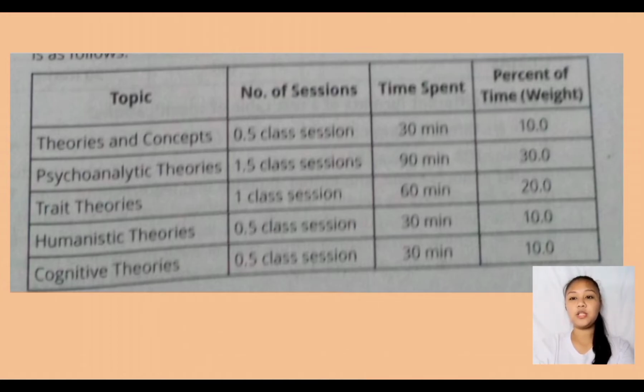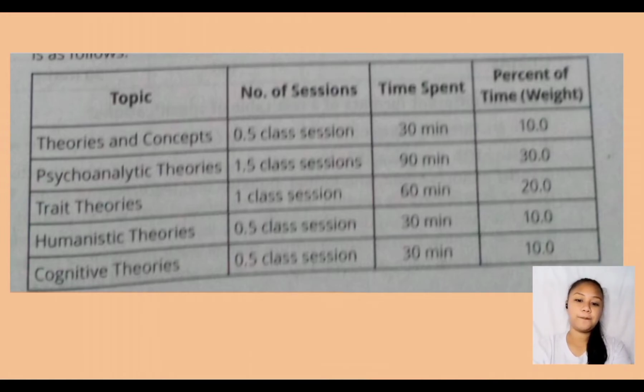For the visual analytic theories naman, ang number of session niya is 1.5 class session, and the time spent naman is 90 minutes, and percent of time is 30.0. For the trade theories naman, ang number of session niya naman is 1 class session, and time spent niya is 60 minutes, and percent of time is 20.0.